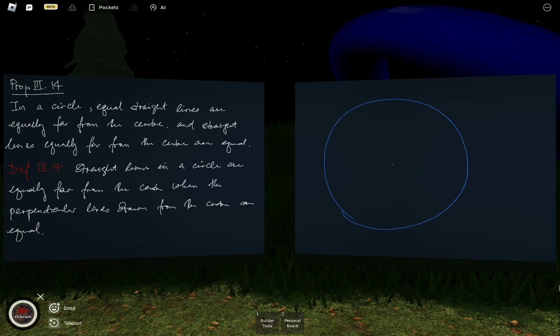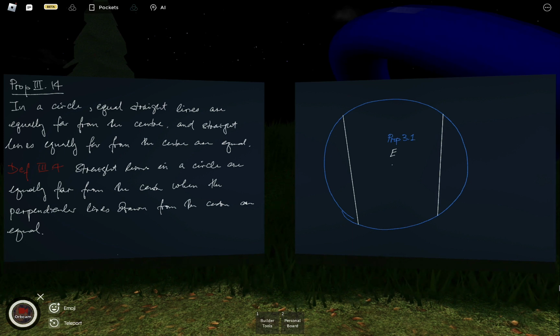Well, there's a center here. I'm going to call it E. And remember that we can find the center using proposition 3.1. And we're going to have two lines like this. I'm not going to say that they're equal or not at this point because we're proving both directions. So I'll just draw the diagram.